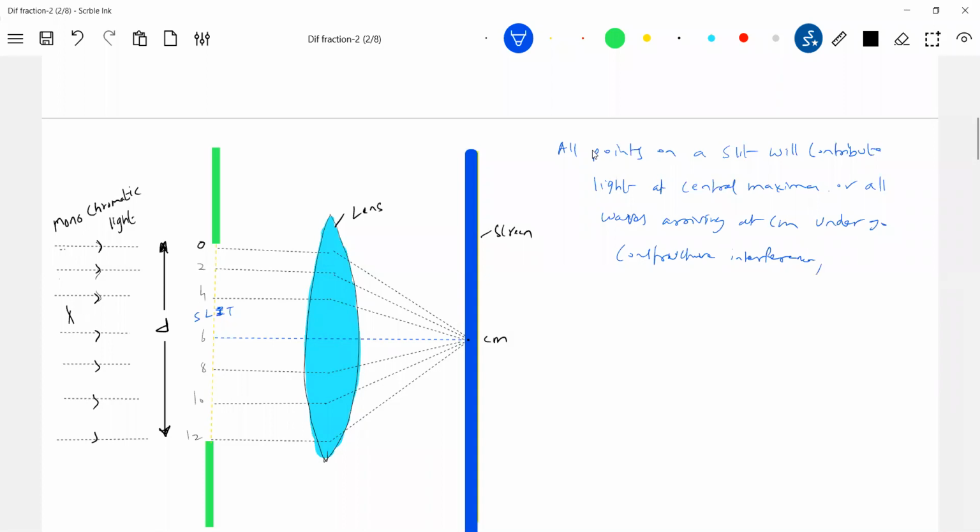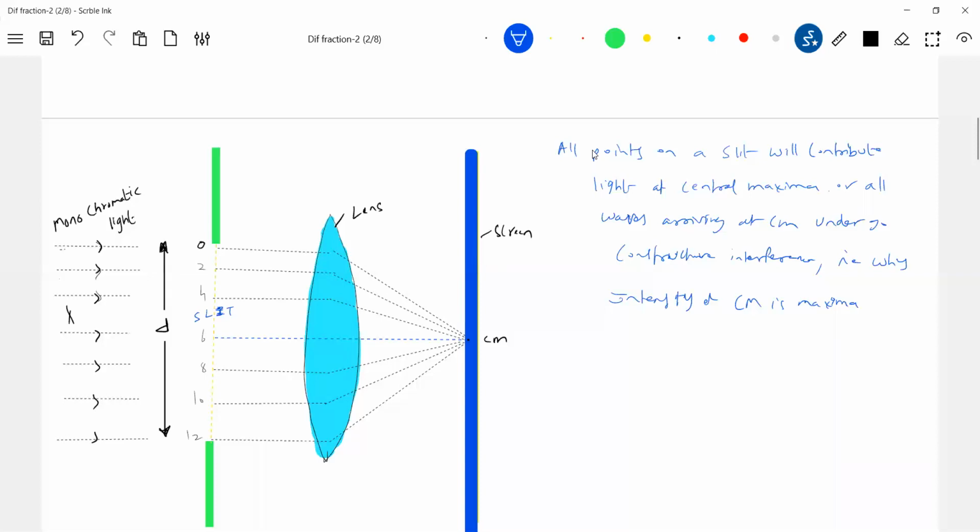That's why the intensity of the central maxima is maximum. That is the only reason we have.